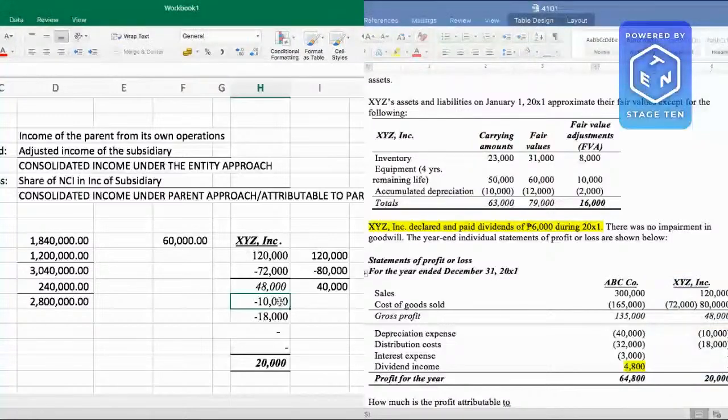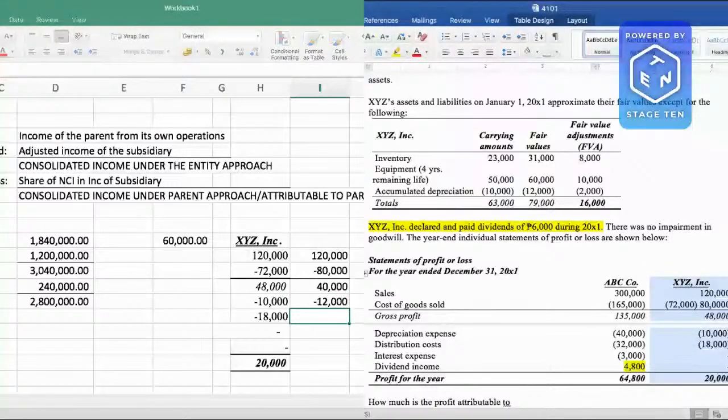Okay, but does the consolidated entity agree? No, the consolidated entity believes that the depreciation expense should be 12,000. Okay, and we do not have any problem with the distribution cost in the amount of 18,000.